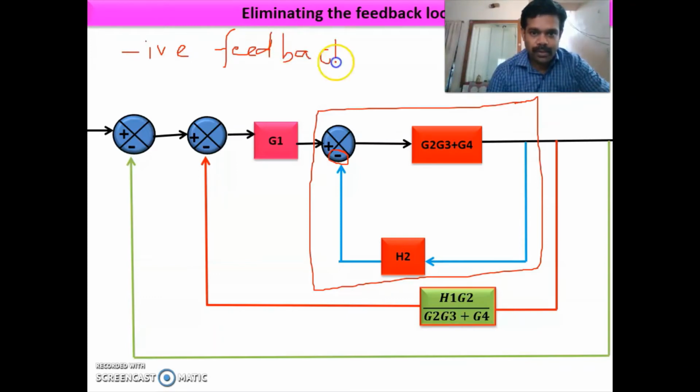For a negative feedback, the equivalent expression is G divided by 1 plus GH.